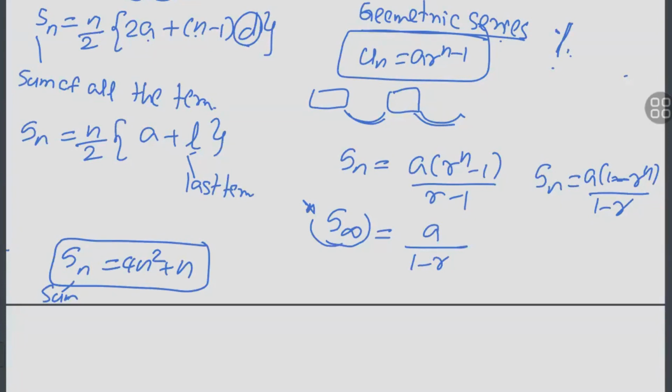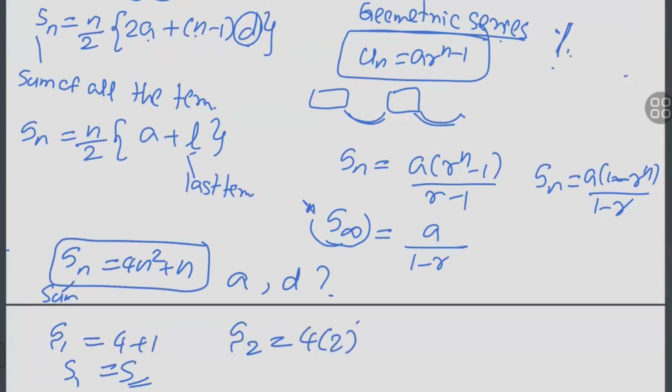Then how do you find from this the common difference and the first term, a and d? Find S1, n equals 1. First term total and first term are the same. 4 plus 1, 5. S1 is 5. Then S2 means what? 4 into 2 squared plus 2.